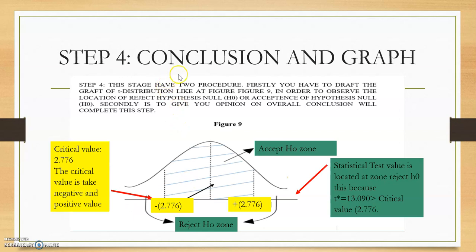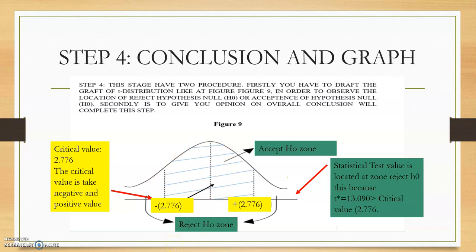Step 4, conclusion and graph. This is the graph of the t-distribution, where the yellow box is the critical value. The critical value divides the graph into two zones, the right tail and the left tail.